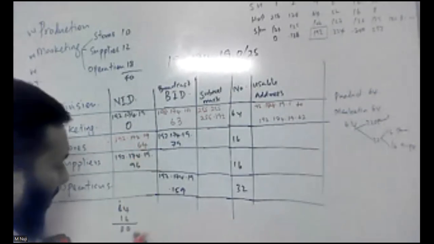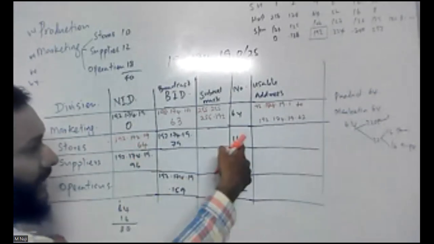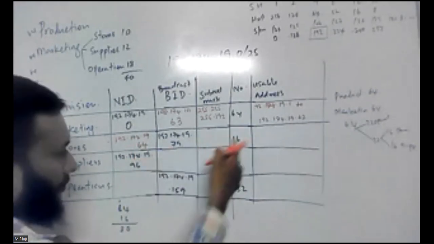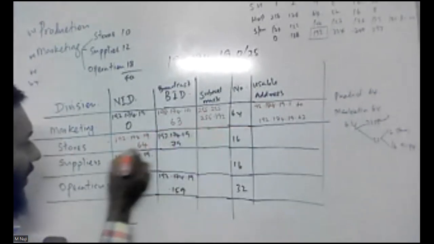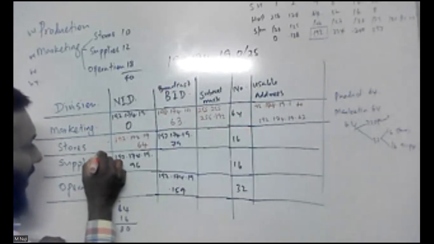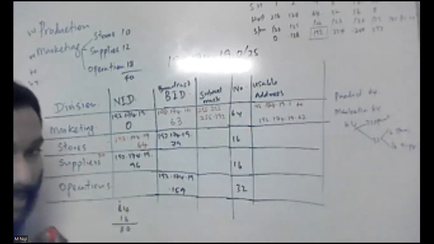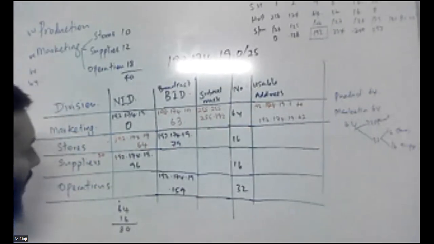Now from the 64 you can apply that 16. Look carefully: 16 means here it says 80. Clear?